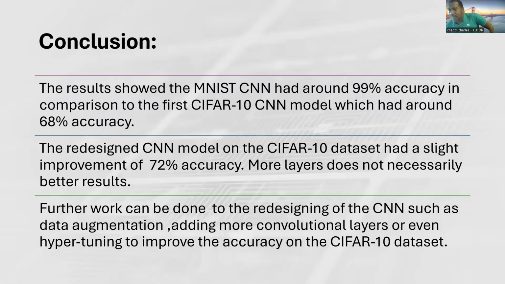So let's do a quick conclusion from all those results. First of all, when I did the first dataset, we had 99% accuracy from the MNIST. Compared to the first model of the CIFAR-10, which had 68%. When redesigning the model, I realized that the CIFAR dataset has a slight improvement now, of 72%.